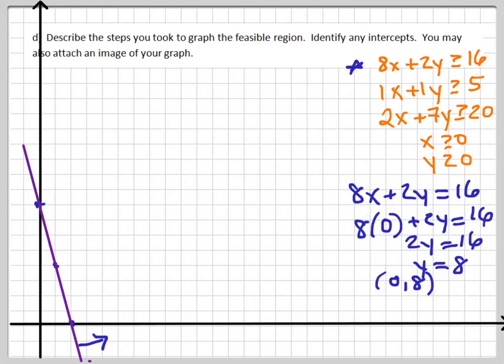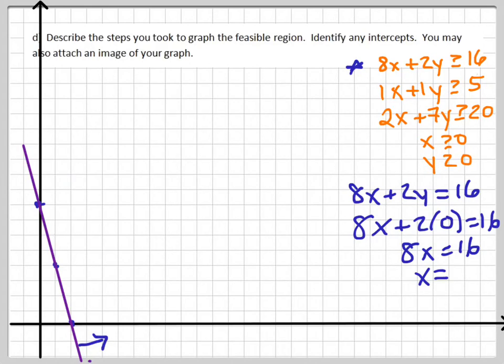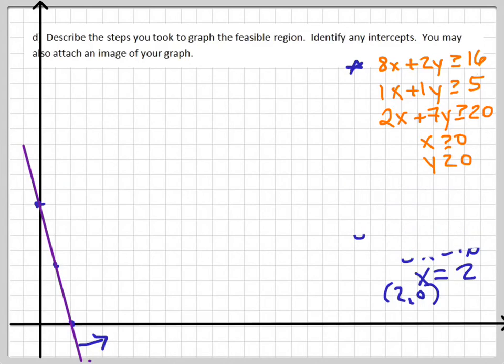And then if I let y equal 0, I can solve for x. So I'd have 8x equals 16, and I see that x must equal 2. So I have the point 2, 0, which is the other point that I did graph on that line. So those are two different ways to graph that inequality.